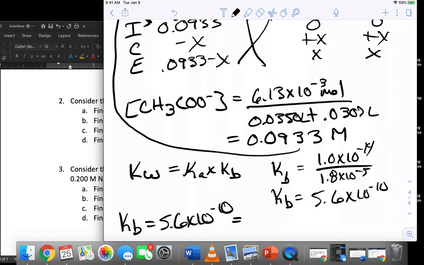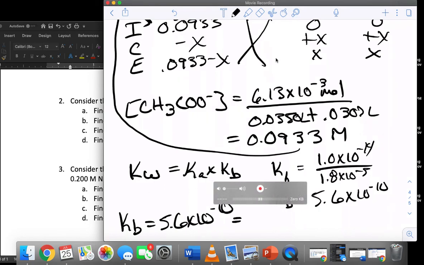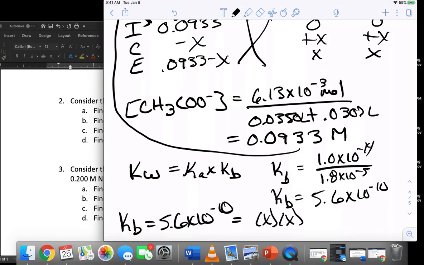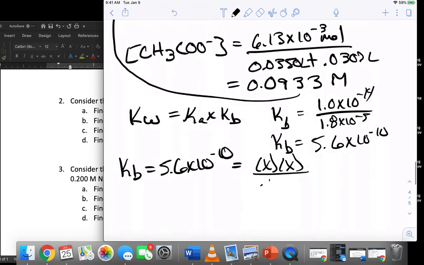That's now my equilibrium constant for that ice table I just set up. So I have this Kb, and that's going to apply to this ice table, which gives x times x over 0.0933 minus x. But I can definitely, in this case, use x as small as an approximation, so I can ignore that minus x to make my math a good bit easier.